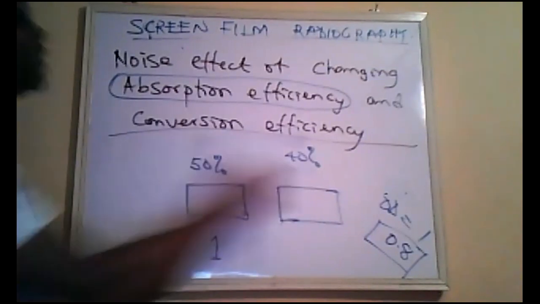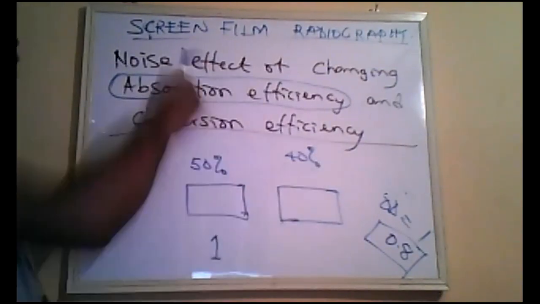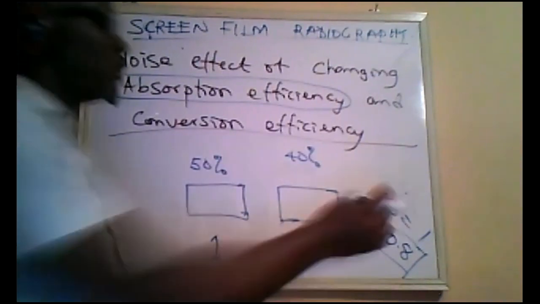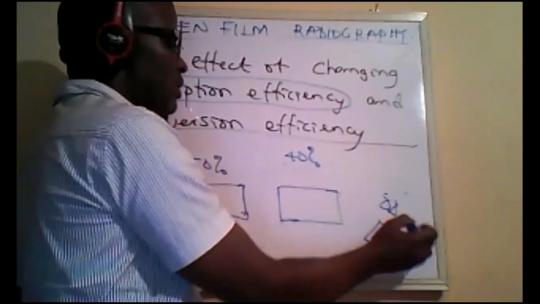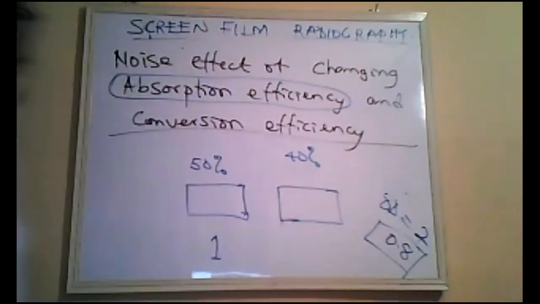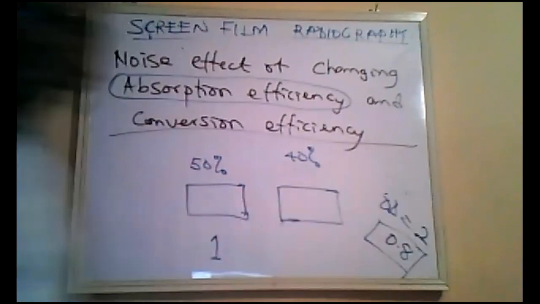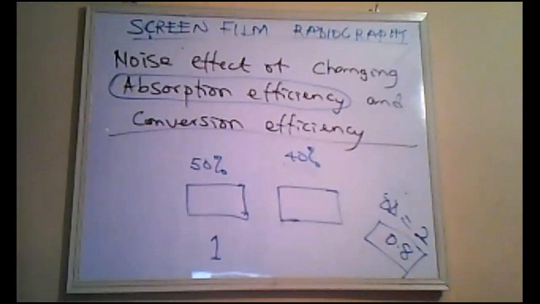So conversion efficiency has no bearing on noise of a particular film because automatically it will change it to a value that will give it a preset optical density. You can say optical density of 2. If something doesn't reach 2, of course, the system won't be stopped.